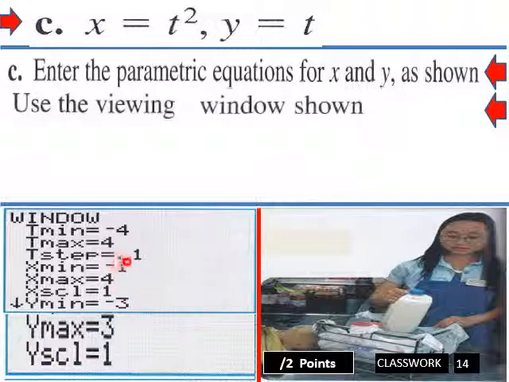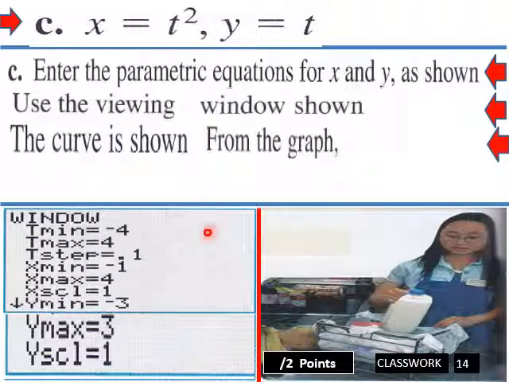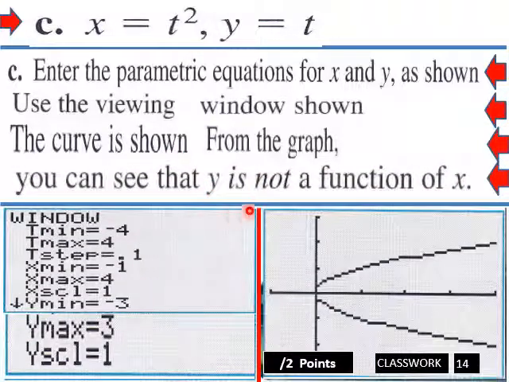T step will be 0.1. T max is 4, then T min will be -4. So with that kind of viewing window, the curve is shown. From this graph, you can see that y is not a function of x again because it will not pass the vertical line test. So y is not a function of x.